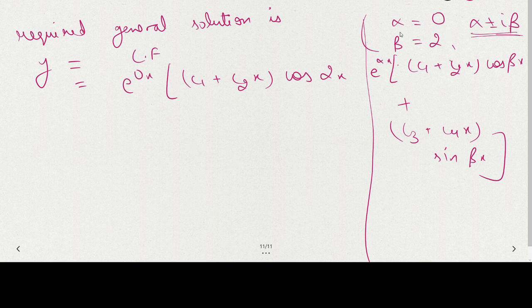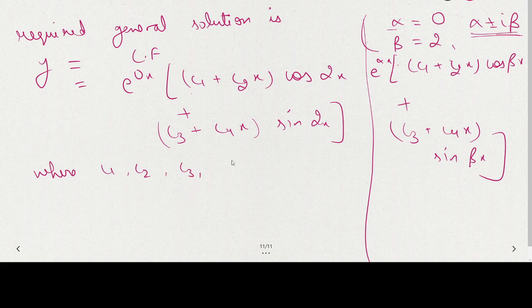Here alpha = 0, that's why e^(0x), and beta is 2. So it will be (c1 + c2 x) cos 2x + (c3 + c4 x) sin 2x, where c1, c2, c3 and c4 are arbitrary constants.